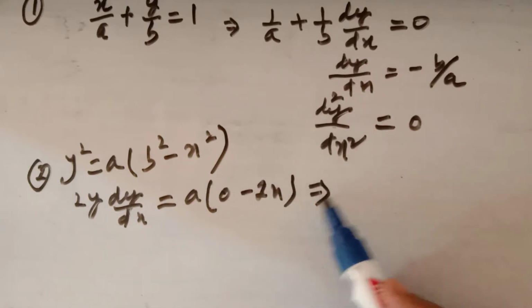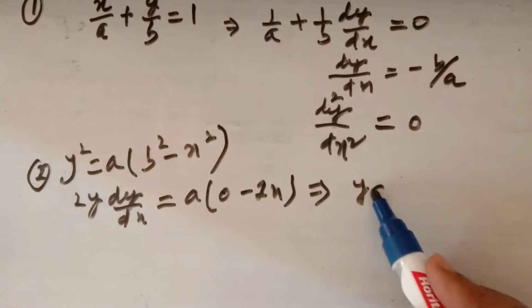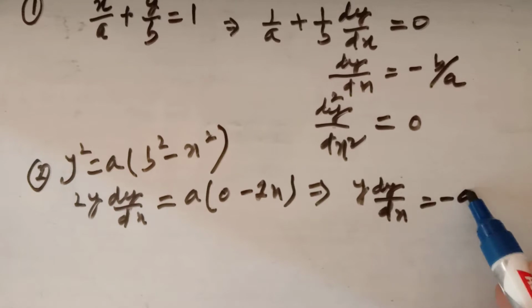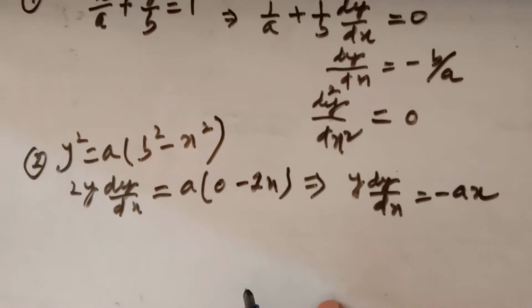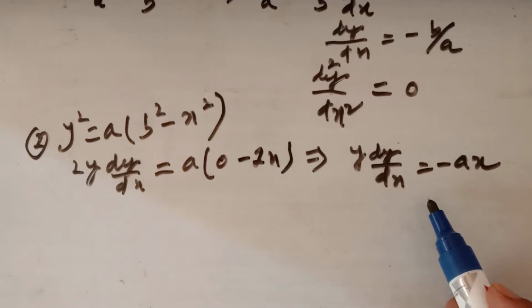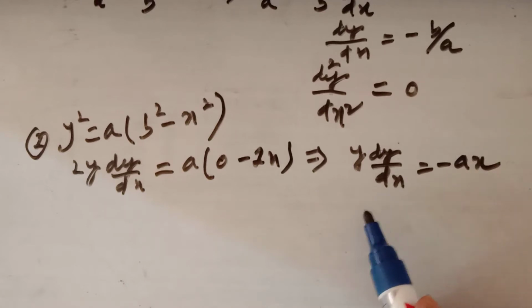So it is coming out to be y dy/dx is equal to minus ax. This is the first derivative. Now you can differentiate it again, or directly find the value of a and put it in the first, and you will get this differential equation.